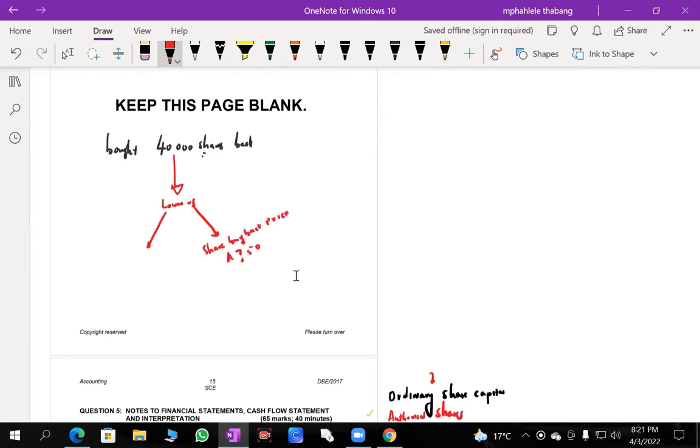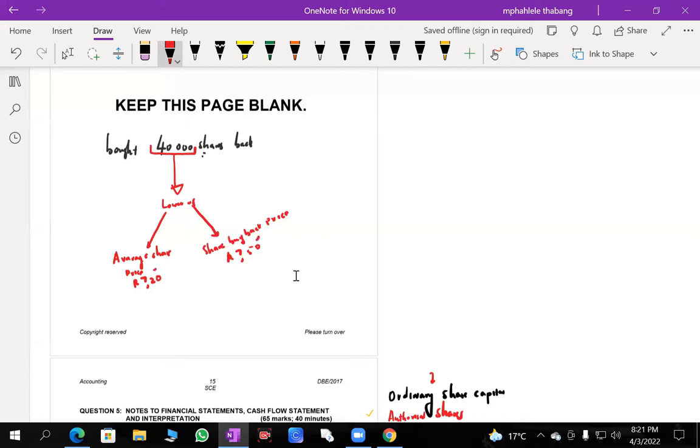Then compare it again with the average share price. Let's say the average share price is 7.20. So to value these 40,000 shares, you must use the lower of these two.